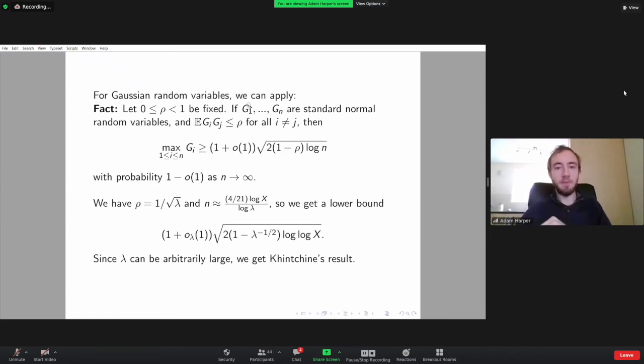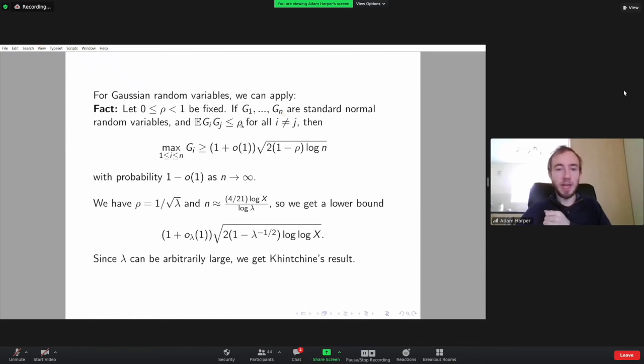So, for example, if I have some standard normal random variables, Gaussian with mean zero and variance one, and I know that all their correlations for i not equal to j are bounded above by rho, where rho is some fixed thing strictly less than 1, then you can prove that the maximum of these Gaussians will be bigger than about square root of 2(1 minus rho) log n, with probability tending to 1 as the number of random variables tends to infinity.